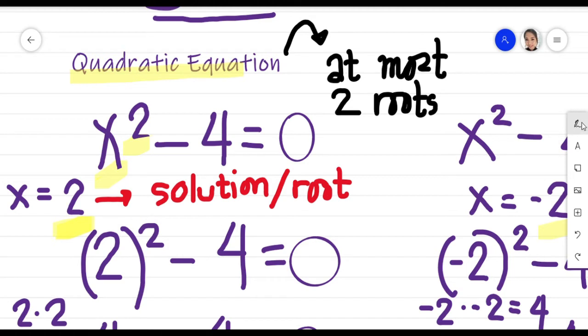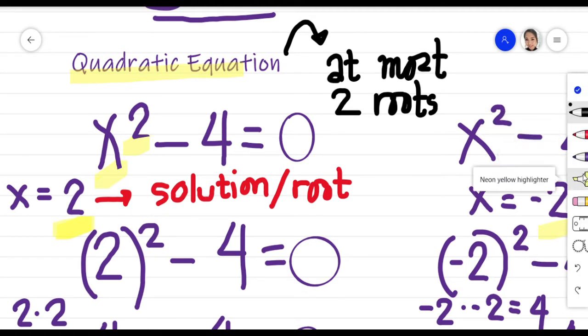Okay, I will explain later why it is at most two roots. So obviously, our example here has two roots. So ibig sabihin, kung say at most, pwede isa lang yung solution, pwede dalawa yung solutions, at pwede rin wala siyang real solutions.